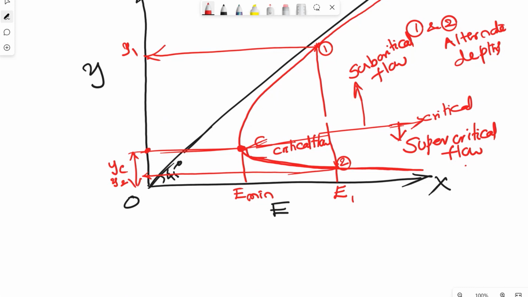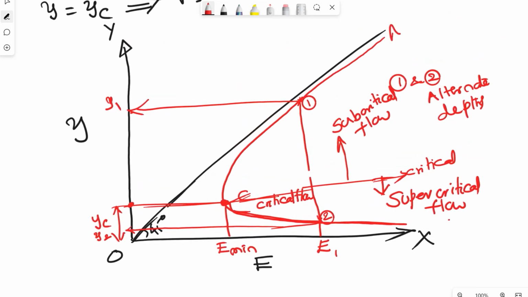Remember this diagram is for the question: explain the specific energy curve and its components. You put AC and ACB. This is asymptotic to the 45 degrees line, and this is asymptotic to the x-axis, and the points I already mentioned. If you mention that, that is more than sufficient.